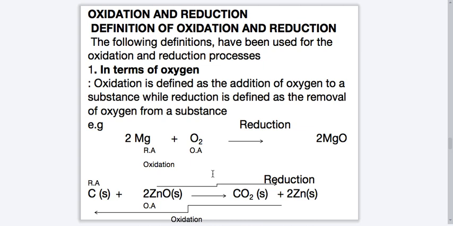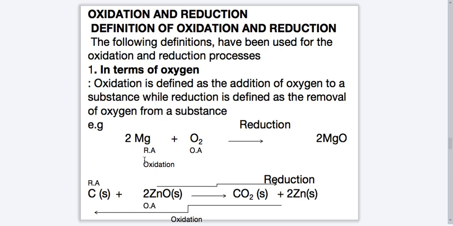But the reverse of that, MgO coming back to Mg, Mg has lost oxygen. Mg to MgO is oxidation. MgO coming back as Mg is a reduction.